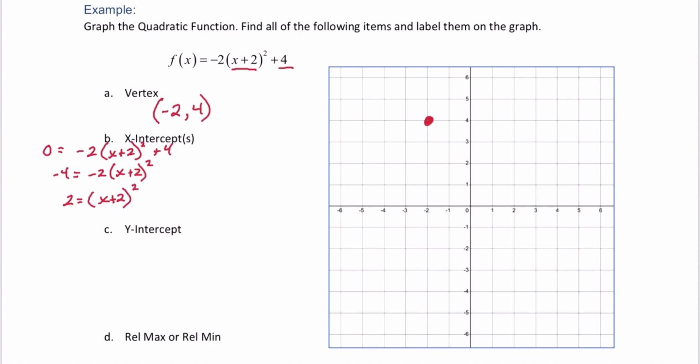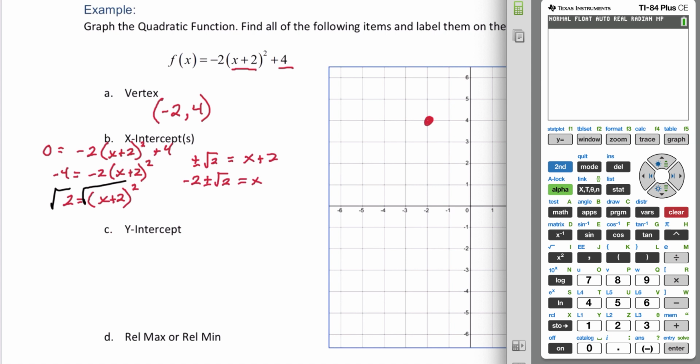Next, we need to take the square root of both sides. That will give us plus or minus the square root of 2 equals x plus 2. Finally, subtract 2 on both sides. Negative 2 plus or minus the square root of 2 equals x.